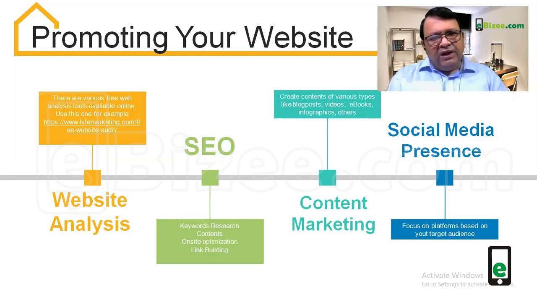Now there are various web tools available which help you do the keyword research. One of the most used starting points is Google AdSense. If you go to the Google Ads website, you will find the tools and techniques for keyword research. You have to find the keywords for your business and your products.